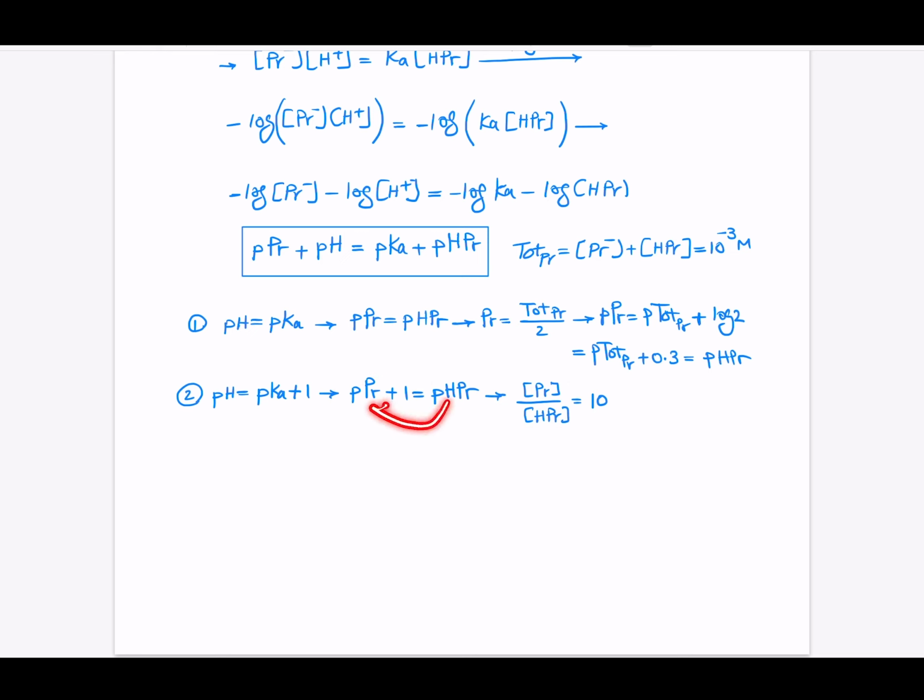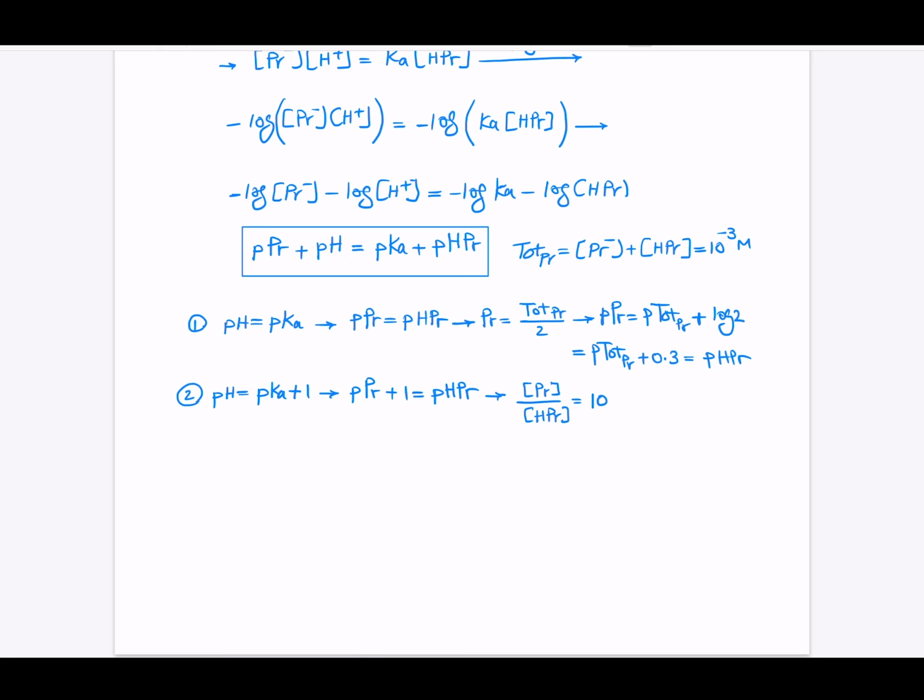This is just a simple mathematical operation to get from here to here. Basically, you bring HPR here, so this would be pPR minus pHPR is equal to -1. Then you just have the operation of PR divided by HPR, and doing the reverse of log, you get to this point.